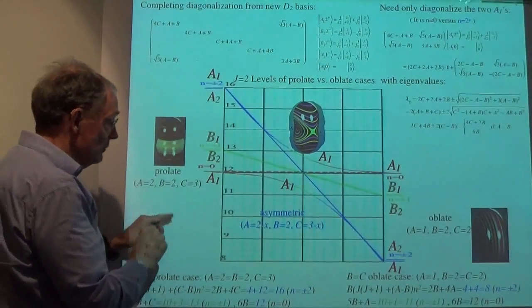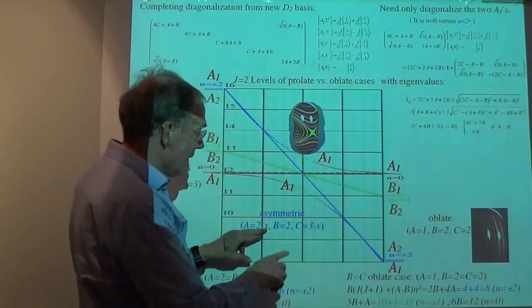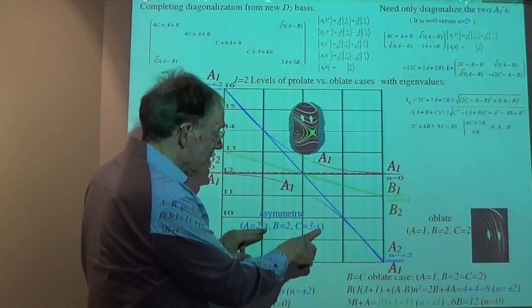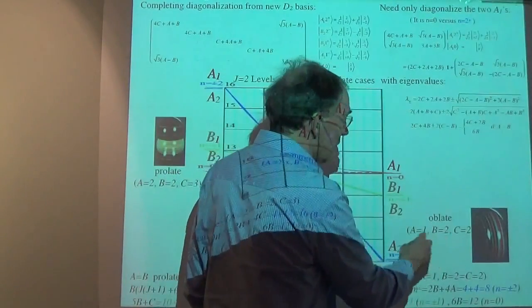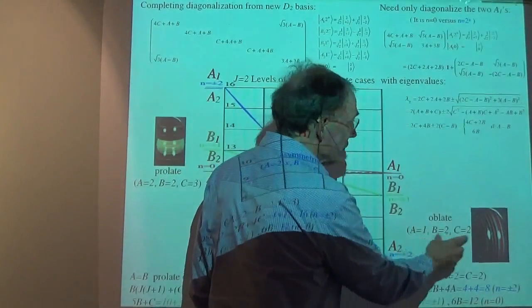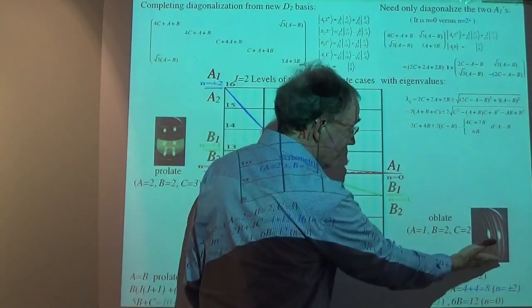And then what we're going to do is subtract x from A and subtract x from 3 until they meet. When they meet, I'm going to have B and C equal, and A is going to be lower, which will make an oblate top.